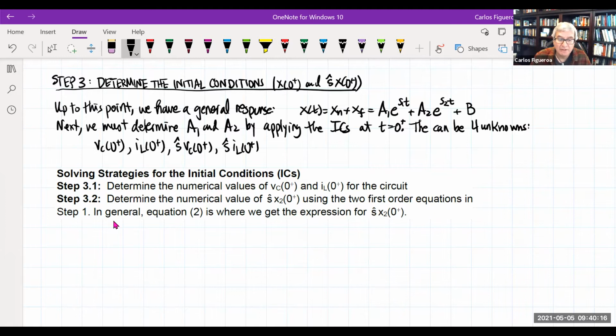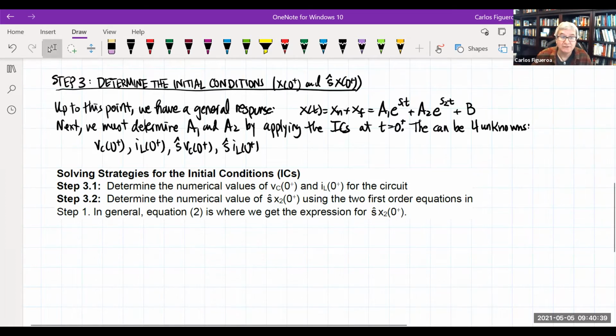That's really what we got to get. But if you get stuck, you go back to step one. And in step one, you have two first order equations. And your job here is to find the derivative of the variable that you're trying to solve for.